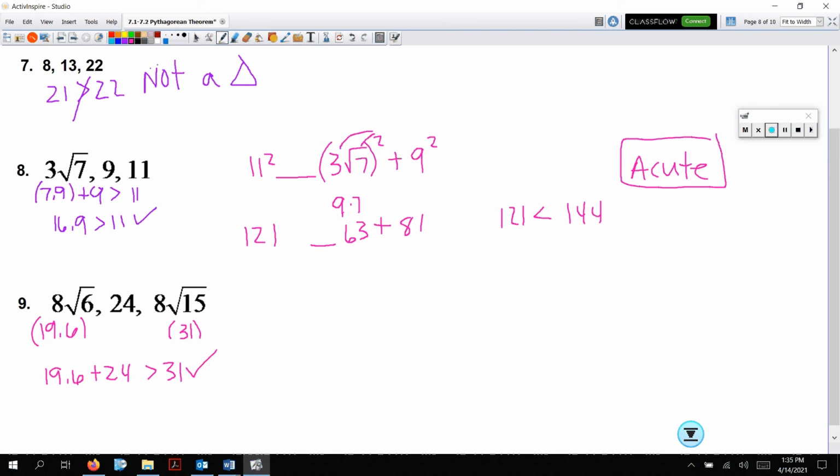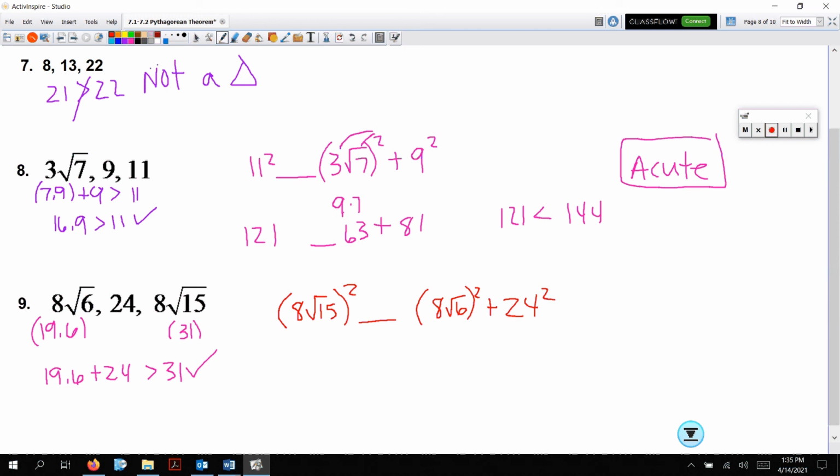Cool. Now we're going to plug in the original numbers into the converse of the Pythagorean theorem to see if it is acute, obtuse, or right. Use parentheses if you're using your calculator. 8 root 15 squared, that's my c squared. We're comparing it to a squared, which is 8 root 6 squared, plus 24 squared.